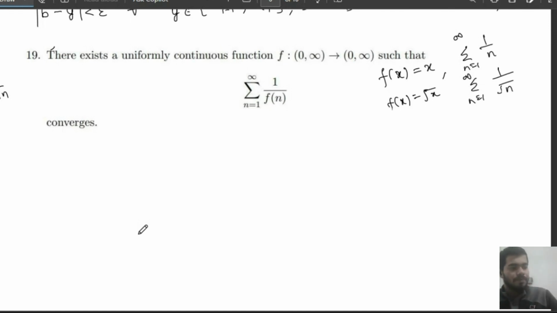See the proof. If the limit as n goes to infinity of f(n) is finite, then we are done.